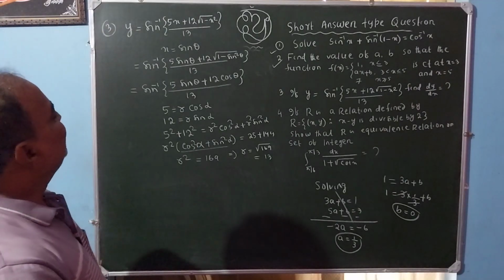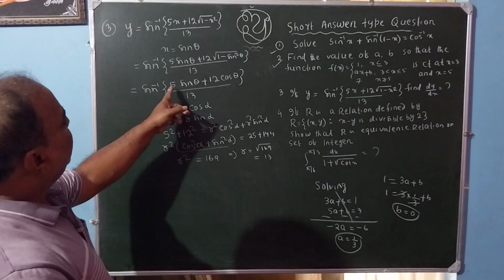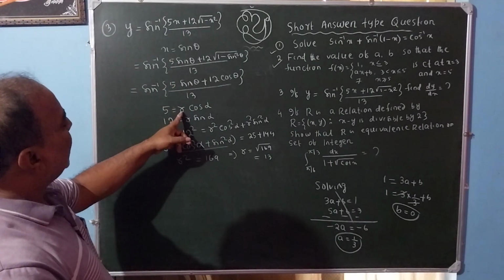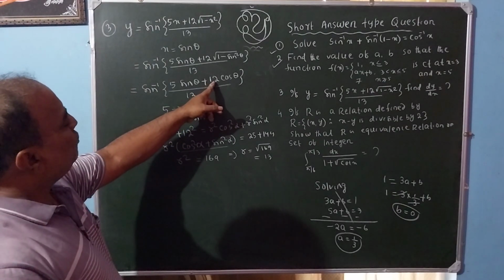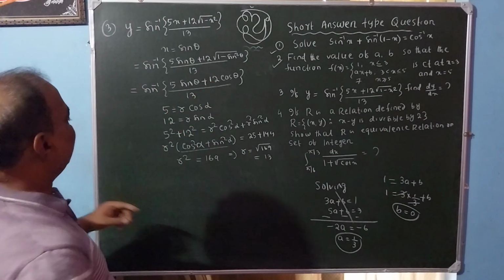So now in place of 5 we put r cos alpha, and in place of 12 we put r sin alpha.